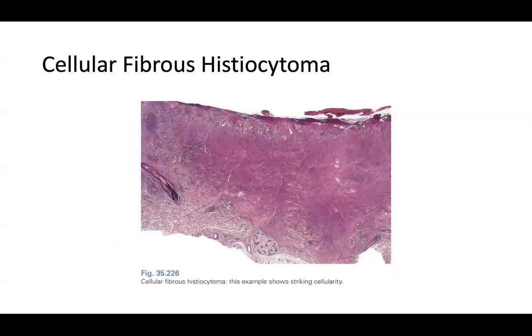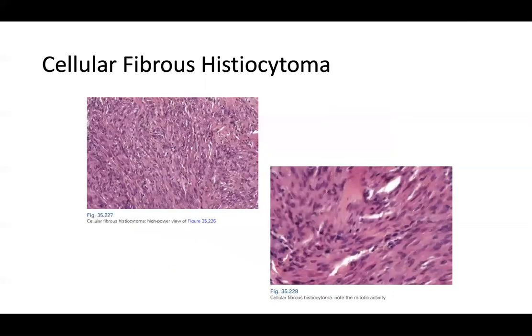Here's an example of the striking cellularity of a cellular fibrohistiocytoma. Again, you can see how cellular it is on this left-hand side. Pretty much a 1-to-1 ratio between the cell nuclei and the surrounding area of the collagen. There is mitotic activity within the bottom right-hand side here.